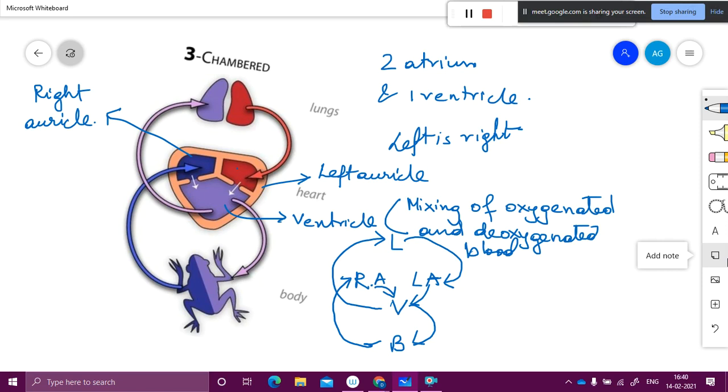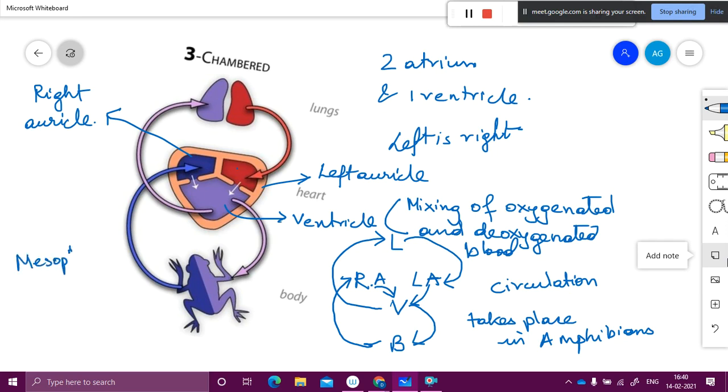So this is how circulation takes place in amphibians. Now some of the kidneys. It is a mesonephric kidney. Let's go to the next character.